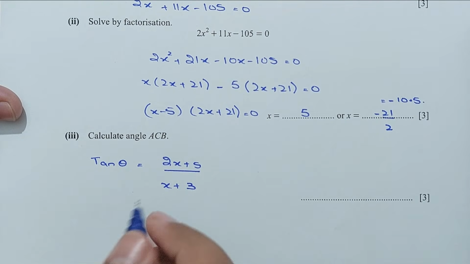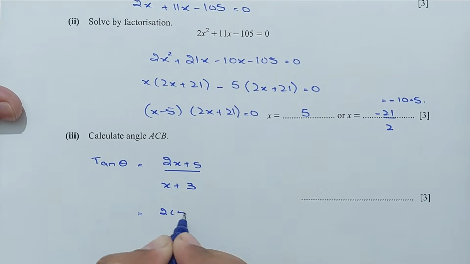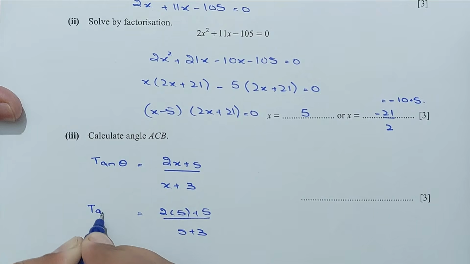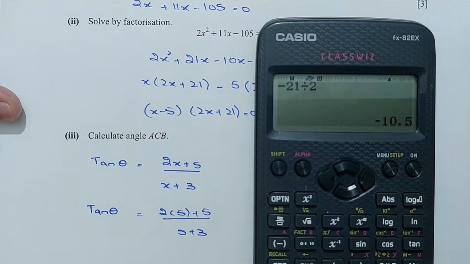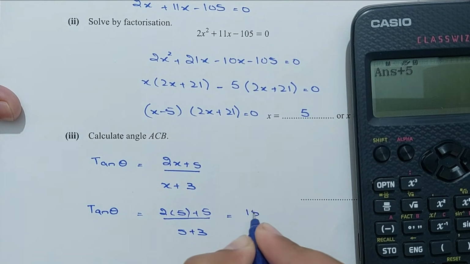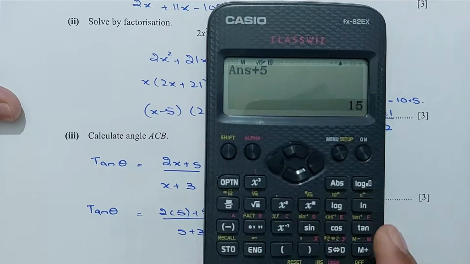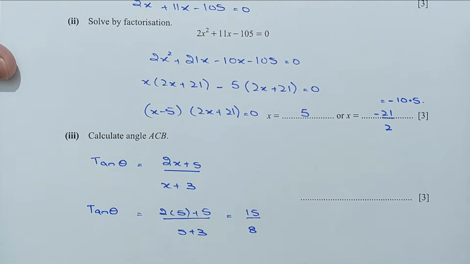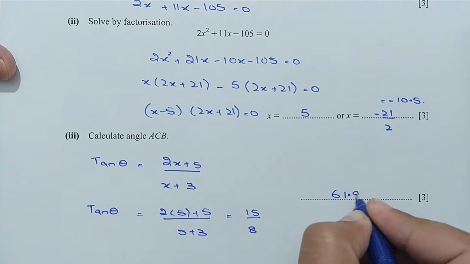So it's 5 we are considering here. So 2 times 5 plus 5 over 5 plus 3. This is tan theta. 2 times 5 plus 5 is 15, and 5 plus 3 would be 8. 15 over 8. So tangent inverse of 15 by 8 is 61.9 degrees, right? 61.9 degrees.